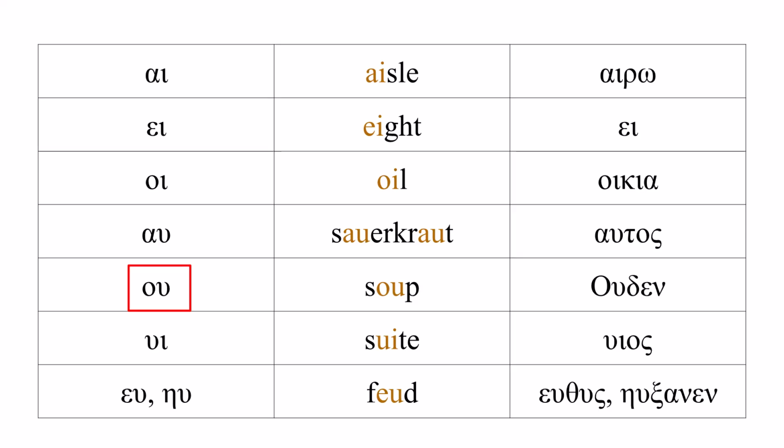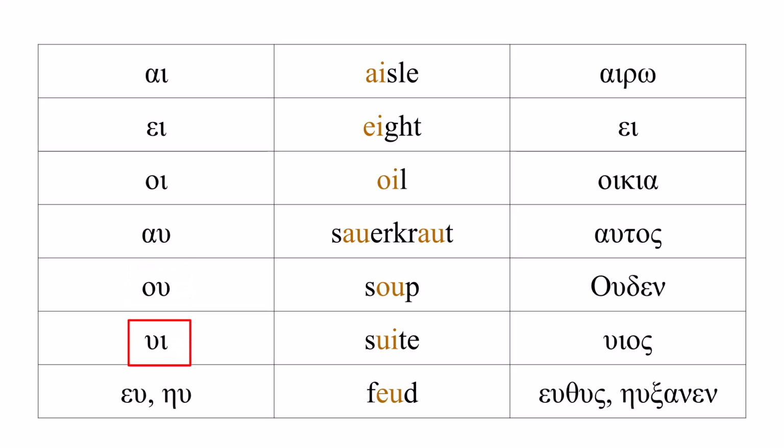The next one is omicron upsilon. Omicron upsilon is pronounced as U, the U sound. For example, as in the word soup, the English word soup. A Greek example that I can give is Uden. Instead of saying Ouden, you pronounce it as Uden, one sound.